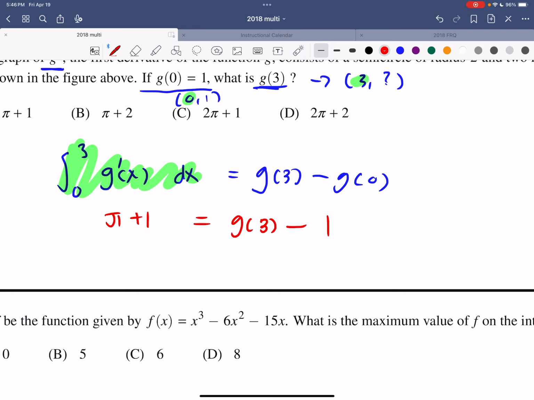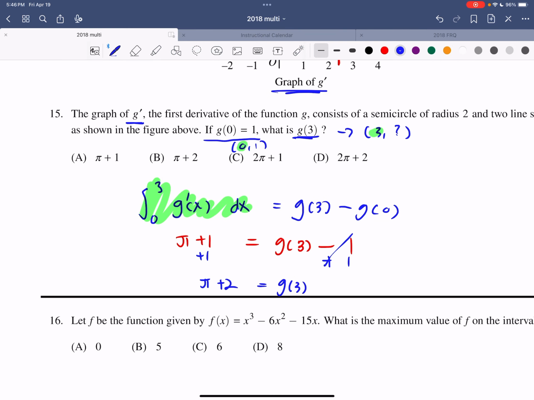And very simple, if you just do plus 1 on both sides, we have g of 3 equals pi plus 2. It's very simple. So our answer is going to be B.